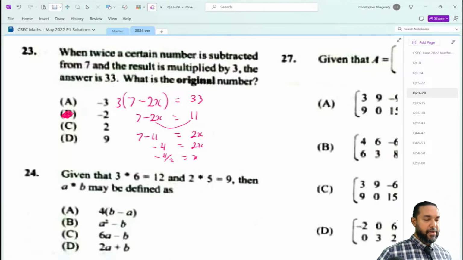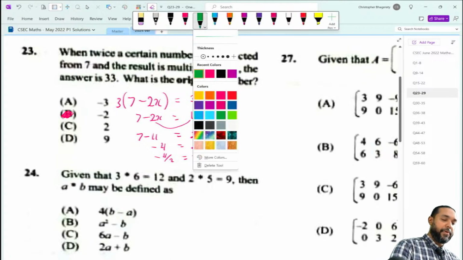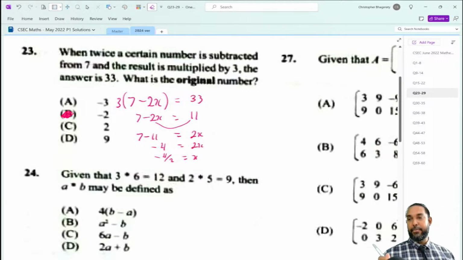When twice a certain number is subtracted from 7 and the result is multiplied by 3, the answer is 33. Let's do a different working. 9 only works if you do 2x minus 7. Even if you do 2 by 9, 18 minus 7 is 11, right?